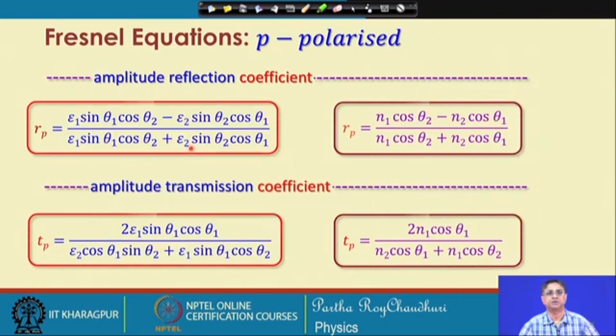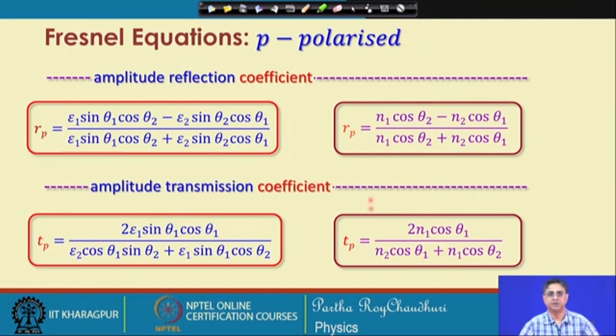Therefore, to summarize, we have the amplitude reflection coefficient in this form, in terms of only the refractive indices and the angles of incidence and refraction. We can write this equation, and for this we can write the transmission amplitude in terms of this equation.